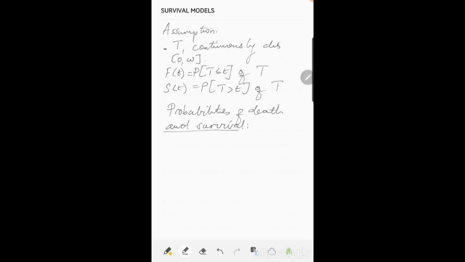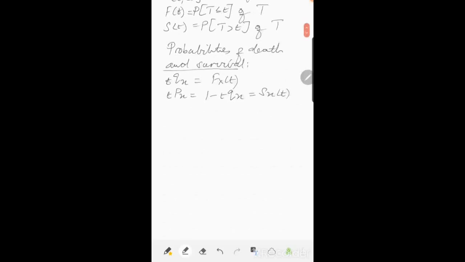From the probabilities of death, we look at tqx, which is equal to F of x plus t, and survival, tpx, is equal to 1 minus tqx, which is the same as S(x+t). So these are the two probabilities of death and survival.